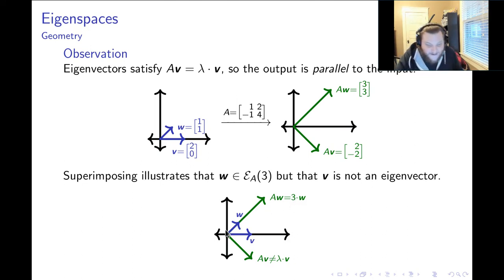And I see that visually here because I've plotted the vector W, and then I've also plotted A times W, and we see right here that the output is parallel to the input. So this is a visual way to confirm that W is an eigenvector of A where the eigenvalue is 3, while V was not an eigenvector of A, so there is no eigenvalue to discuss there.